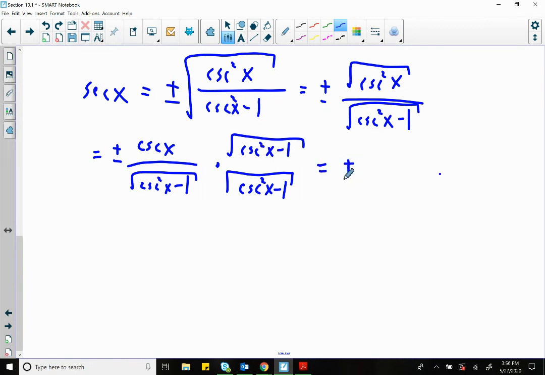So we have plus or minus. Our numerator, we have cosecant x square root of cosecant squared x minus 1.